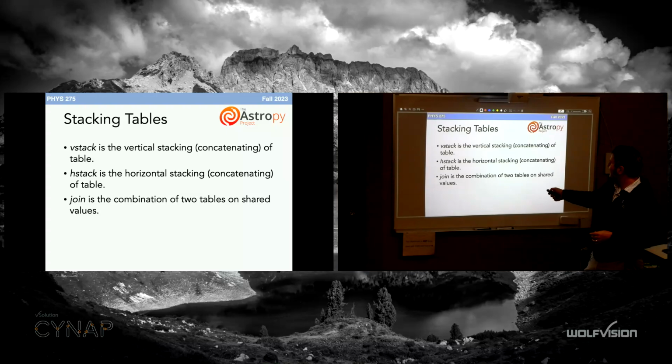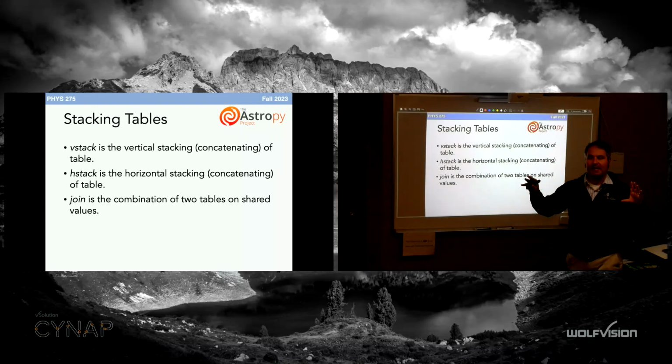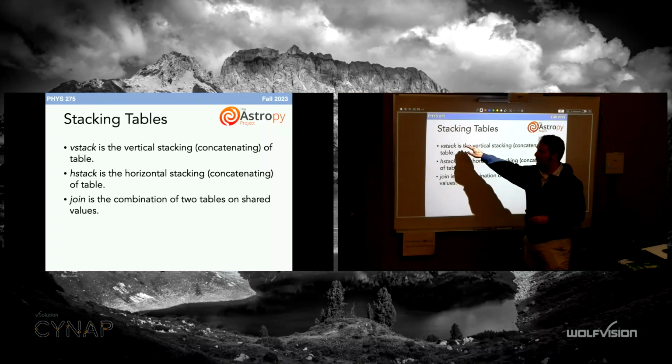Horizontal stack is when I have the same rows in the same order and I'm concatenating them horizontally, right? So vertically only if the columns are the same, and horizontally if the rows are the same, otherwise you end up with Frankentable because it never matches anything.